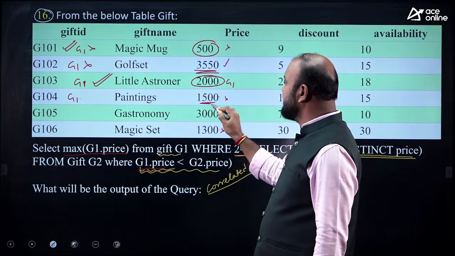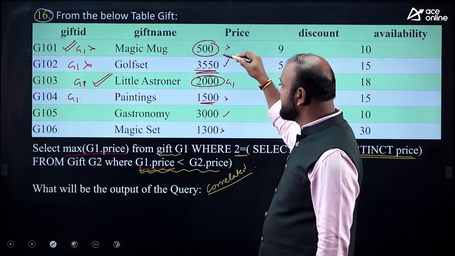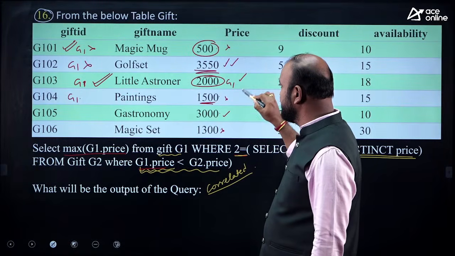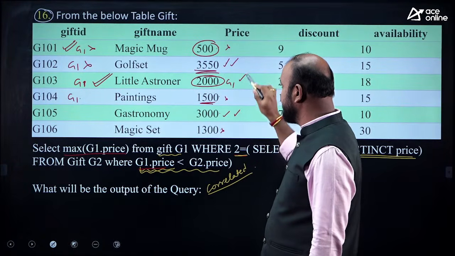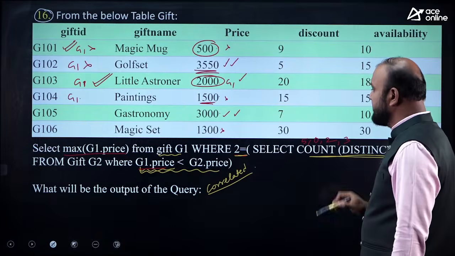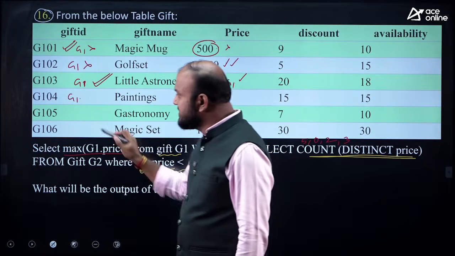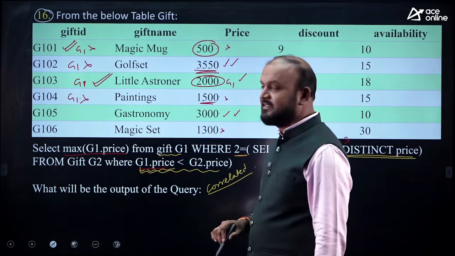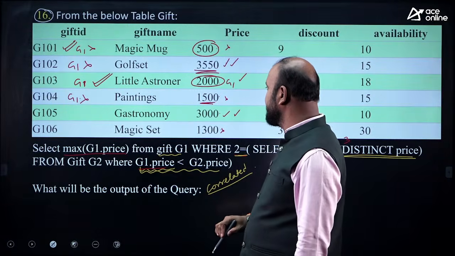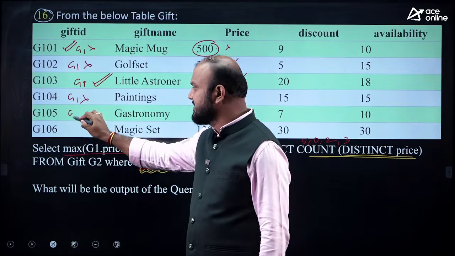Now 1500 is less than 500, false, then true, true, so the count is going to be 3, but equal to 2 is false. So that paintings gift is not going to be selected. Next is gastronomy as G1, with the remaining gifts.